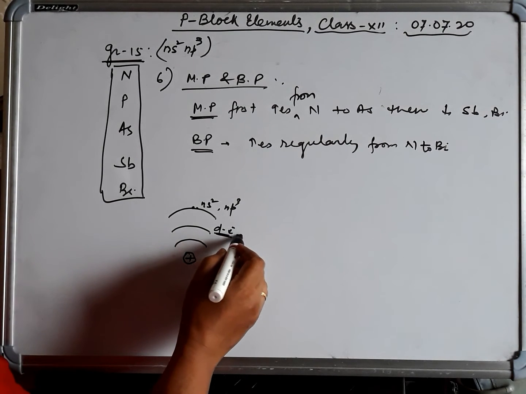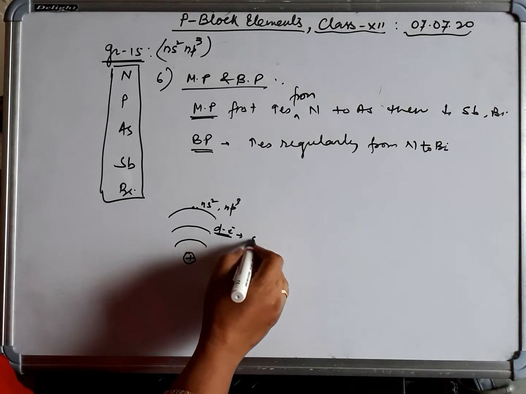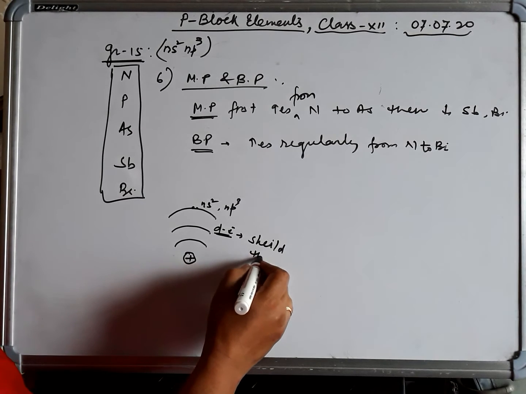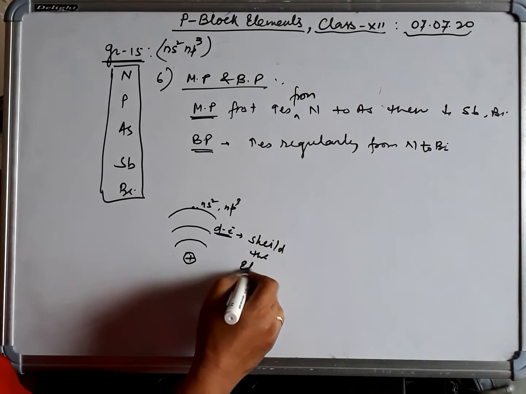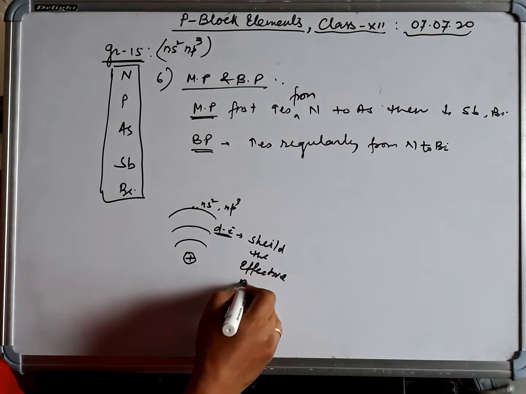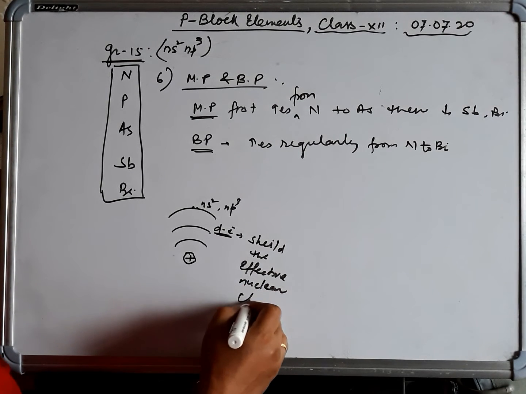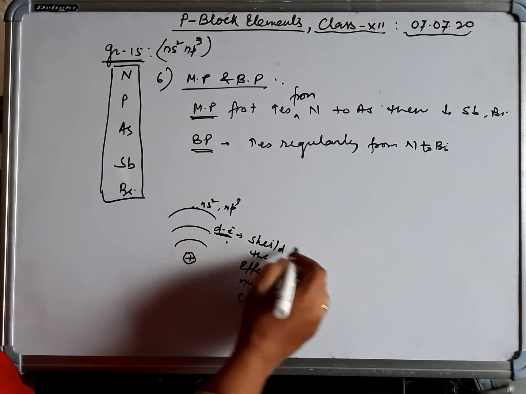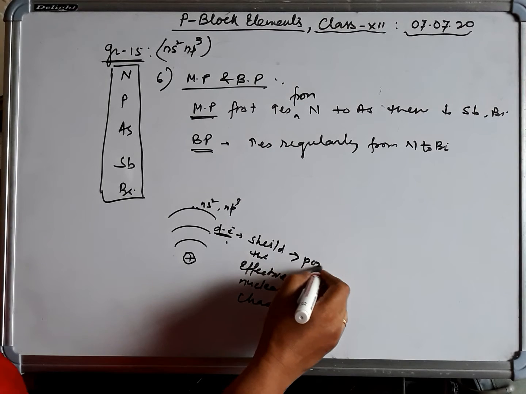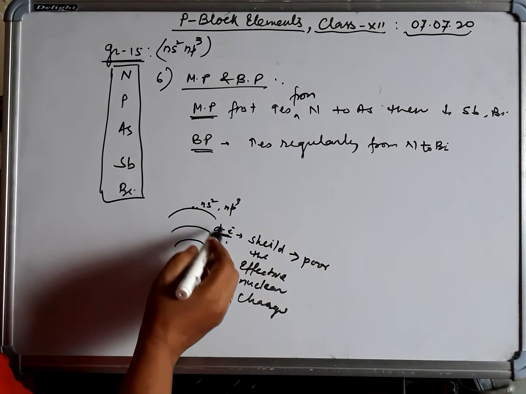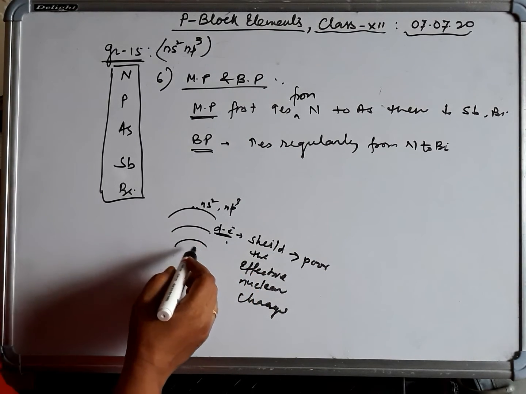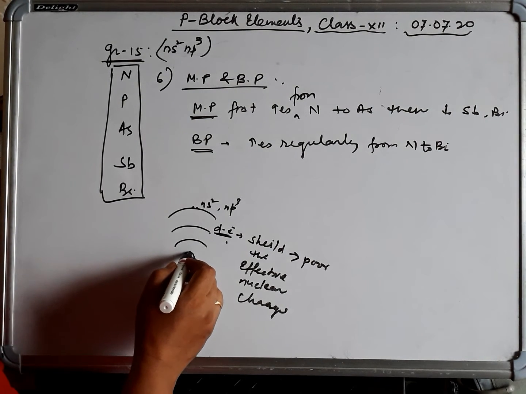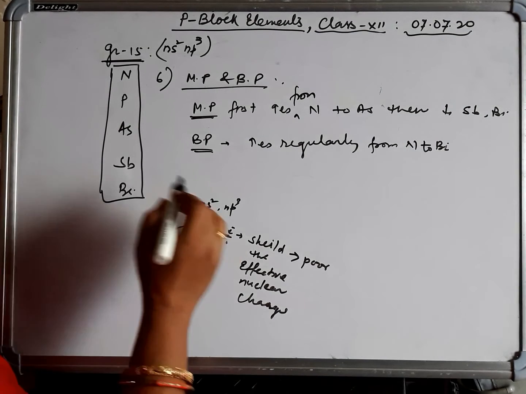Their work is to shield the effective nuclear charge, but when they are d electrons, the shielding effect is poor. Poor shielding means these electrons do not effectively shield the effective nuclear charge, so it falls onto the outermost electrons.